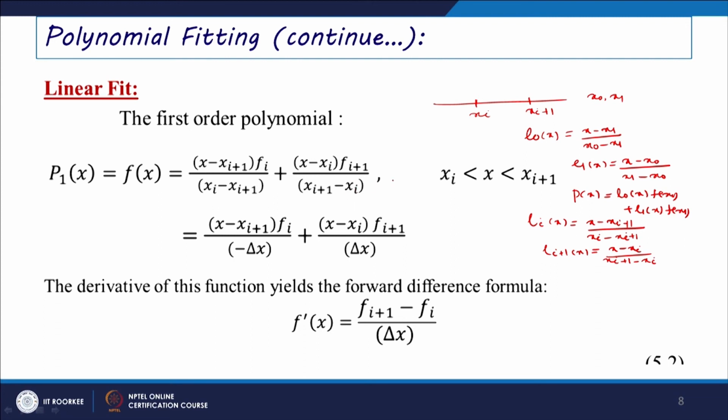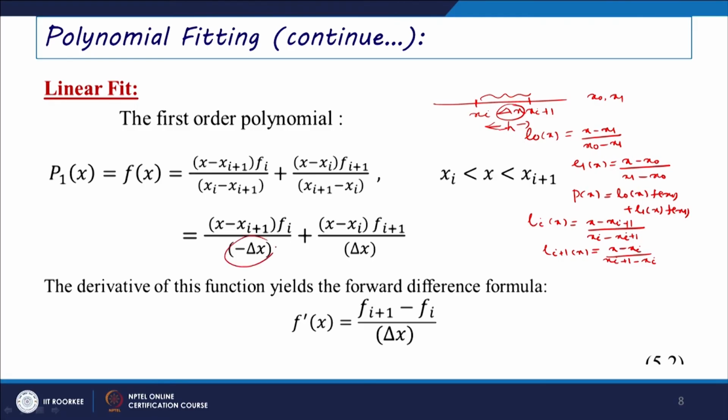And whenever we consider these differences, that is nothing but the del x size, or the space length, which we consider as h. So we can write xi minus xi plus 1 as minus h or minus del x.